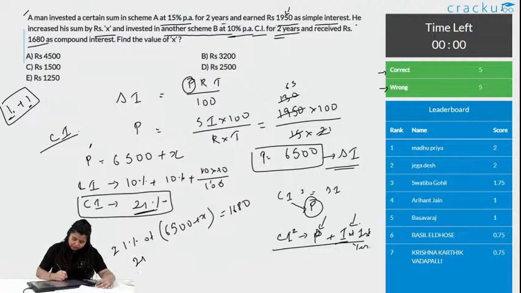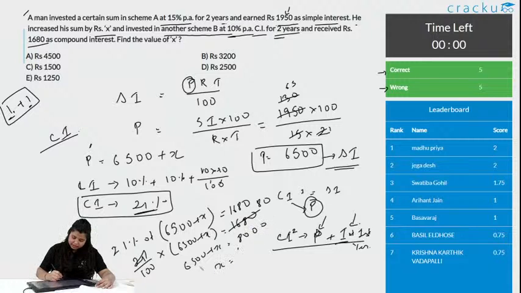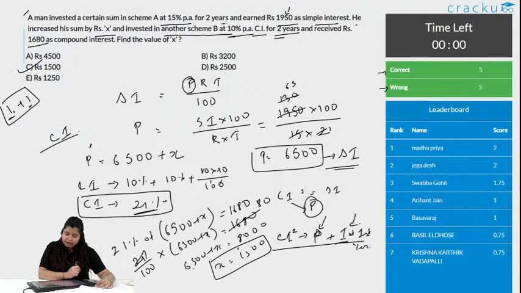So, it is 21 by 100 into 6500 plus X is equal to 1680, very simple. 21 into 8 is 168. That means 6500 plus X is equal to 8000. X is equal to 8000 minus 6500, 1500. What is the answer? Option C is the correct answer, and 5 people got this correct and 5 wrong.